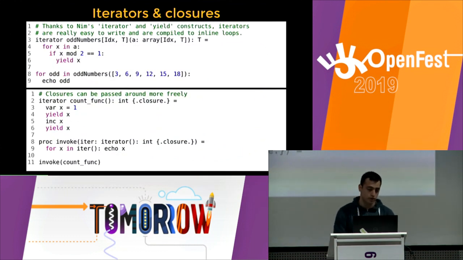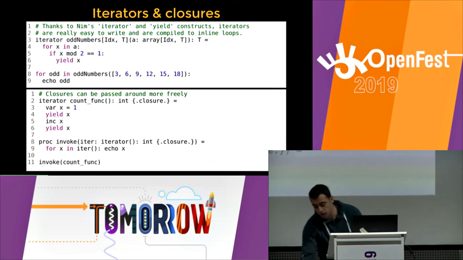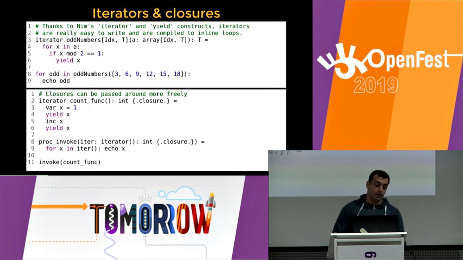Iterators. In this case, we're defining an odd numbers iterator, which basically will print all of the odd numbers in a sequence, and we can use it in a for loop. It's inline and it's mostly performant. We can also have closures which are actually stateful.